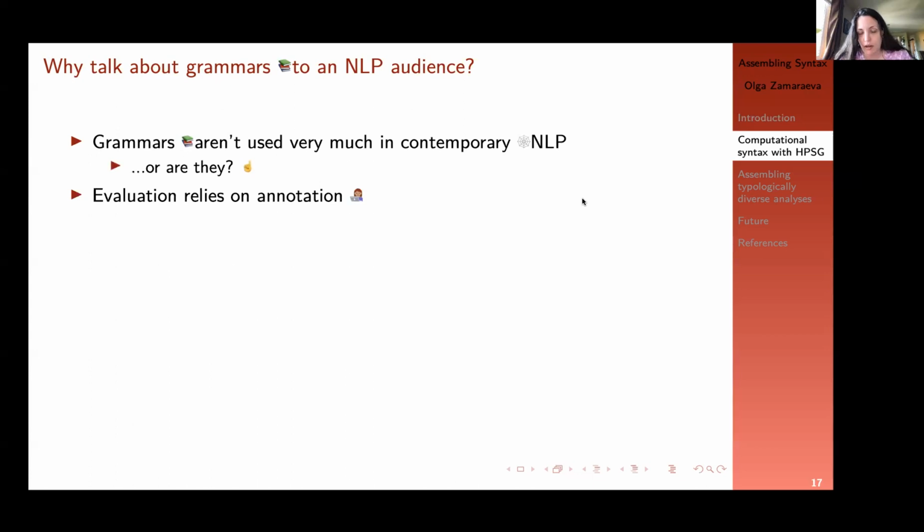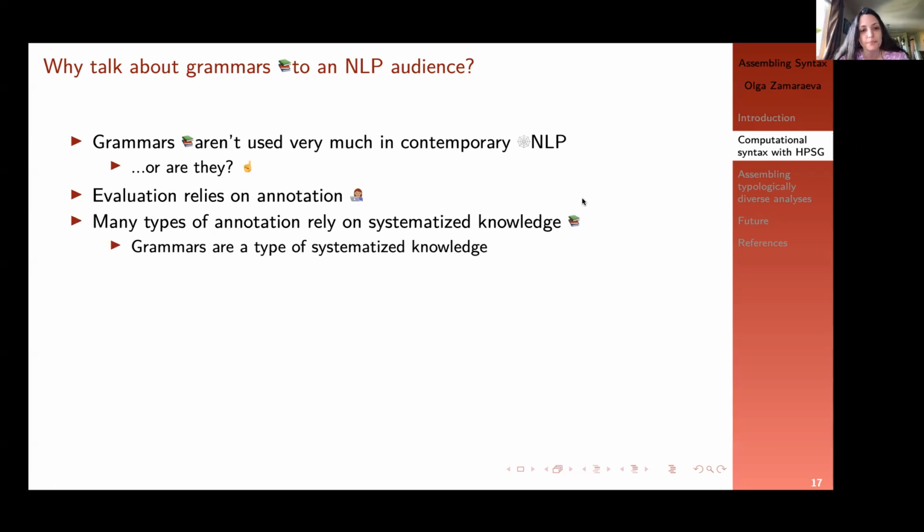Evaluation relies on annotation of some sort. Annotation, in turn, usually relies on some kind of systematized knowledge, one way or the other. You need to be able to reason about what you see in a human reasoning type of way.